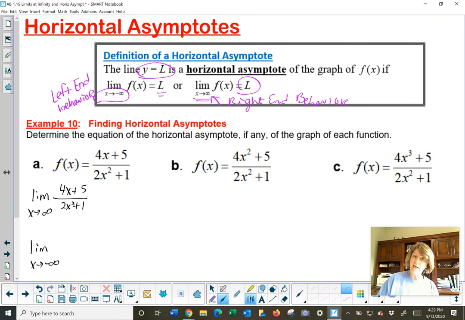I'm going to do the quick analysis from those guidelines of the three things, and I'm looking at the highest degree of the numerator compared to the highest degree of the denominator. I can see that this is going to go to 0. And if I put positive infinity into both of those, I end up with positive numbers. It's going to 0.